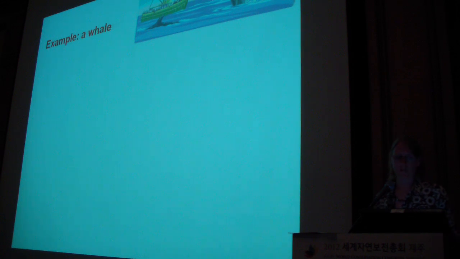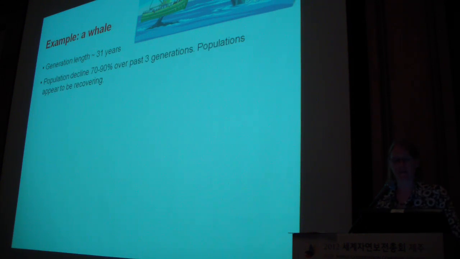I've left the two examples in here, so these are very, very general examples. So we have an example of a whale, where after all of the gathering of the data, compelling data, we have a generation length estimated at 31 years. The population decline is 70 to 90% over the past 3 generations, based on all the calculations that we've done. But now the populations appear to be recovering.